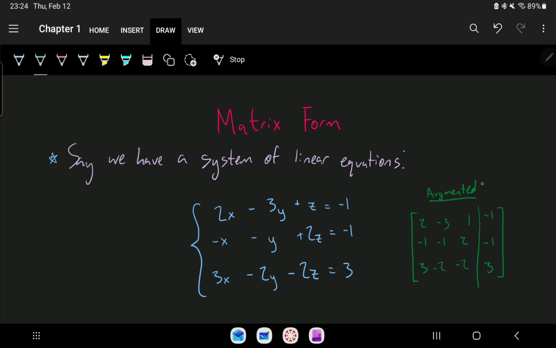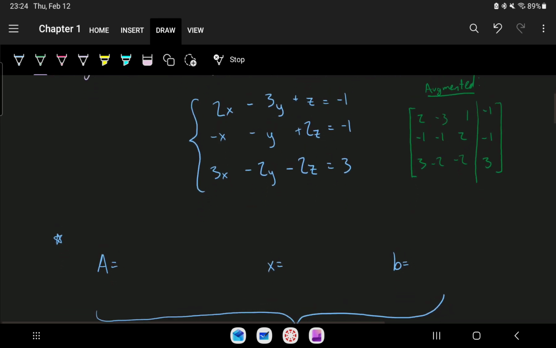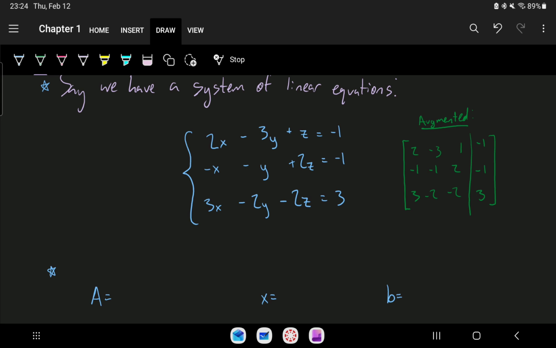But it turns out there's actually a more concise way of doing this so that it is all matrices, and it will help us solve it in a different way. So let's break this up. If we look at this, we see a few different components of information. One of them is the actual coefficients.